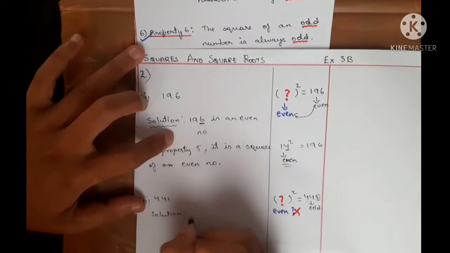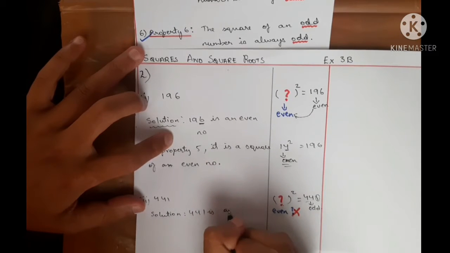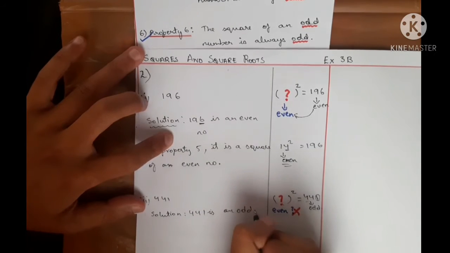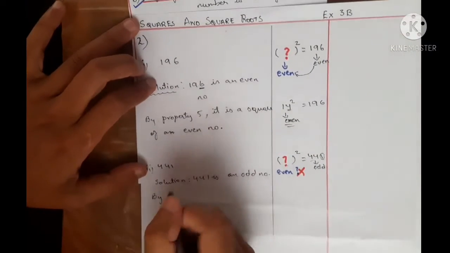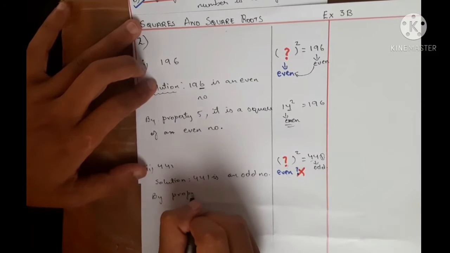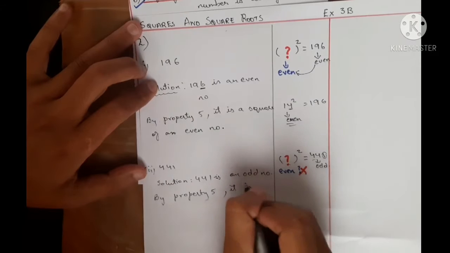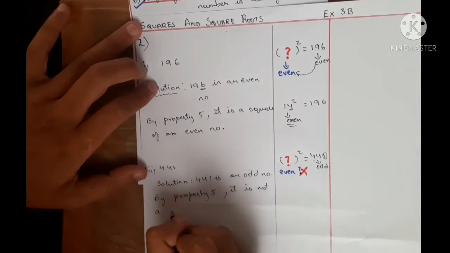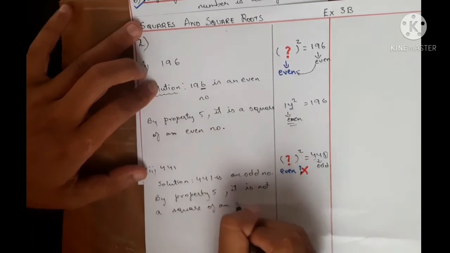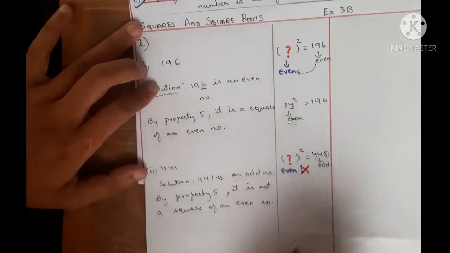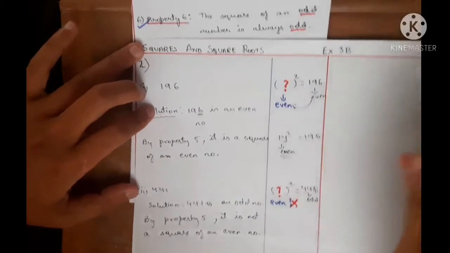So we say that since 441 is an odd number, therefore by property 5, it is not a square of an even number. 441 is not the square of an even number.